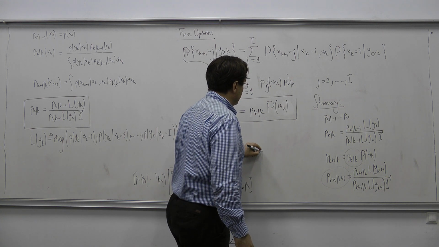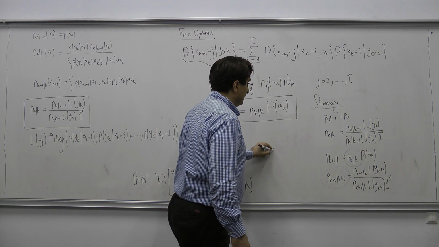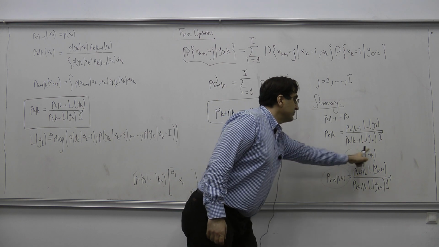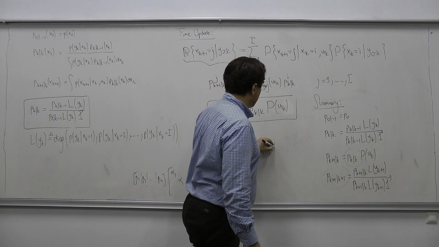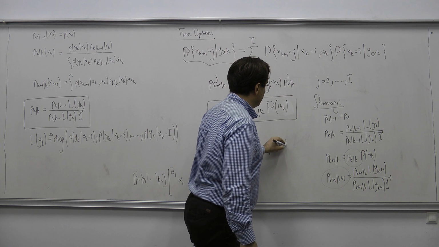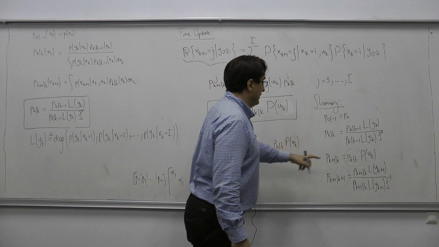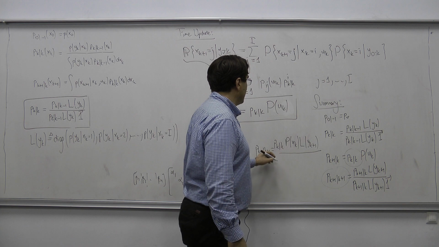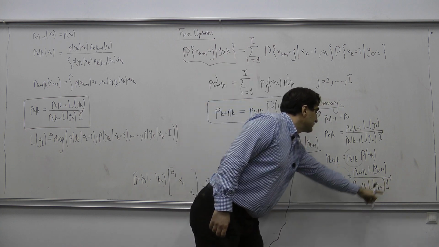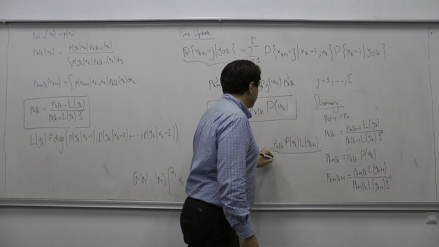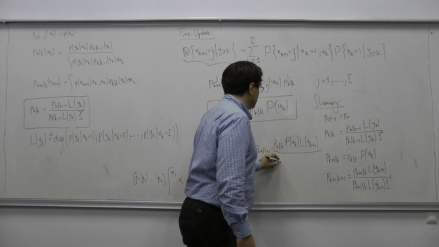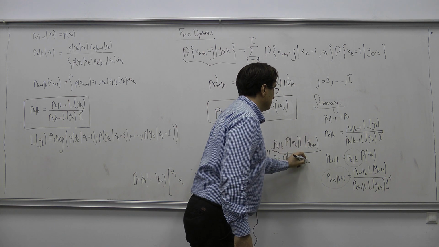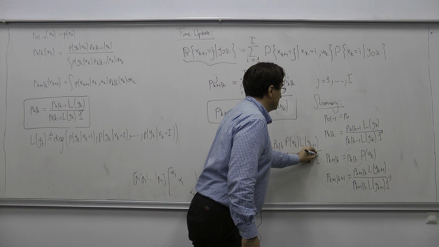So it would be just p_{k+1|k+1} is equal to, instead of p_{k+1|k}, substitute this formula. Okay? So I would have p_{k|k} P of u_k, and I have L of y_{k+1}, divided by the same thing times the vector 1.